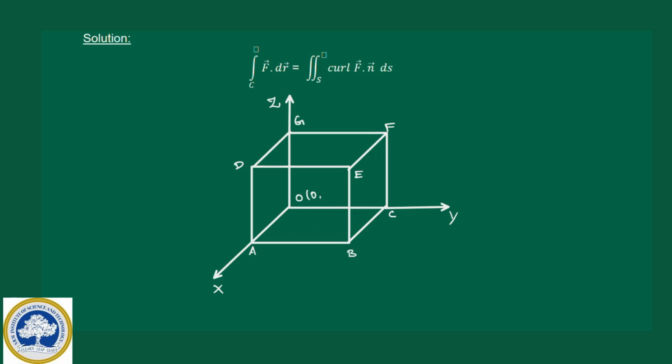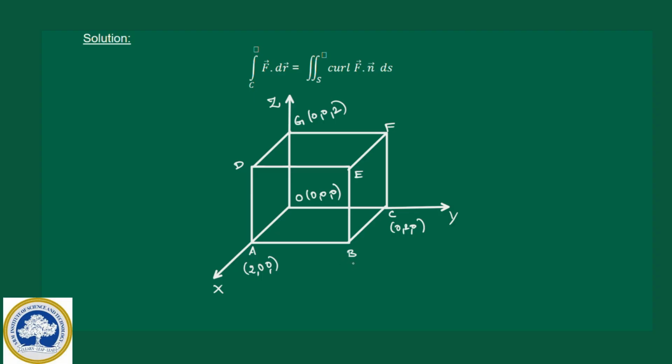So this is always taken as the origin 0, 0, 0, and then here A is on the x axis, so y and z will be 0, and since the cube is considered with dimension 2, we have to consider the coordinate point as 2, 0, 0. Similarly, for the point C, it should be 0, 2, 0. Similarly, for G, it should be 0, 0, 2, because all are lying on the particular axis.